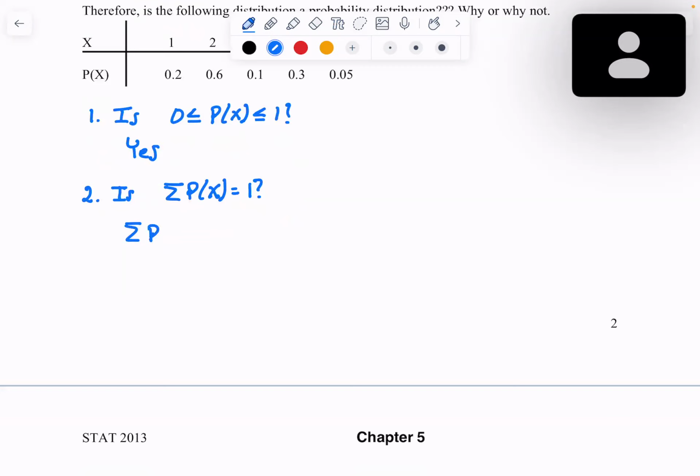So the sum of the probabilities is 0.2 plus 0.6 plus 0.1 plus 0.3 plus 0.05. Someone tell me what you get when you sum all of those numbers together. You can type in the chat.